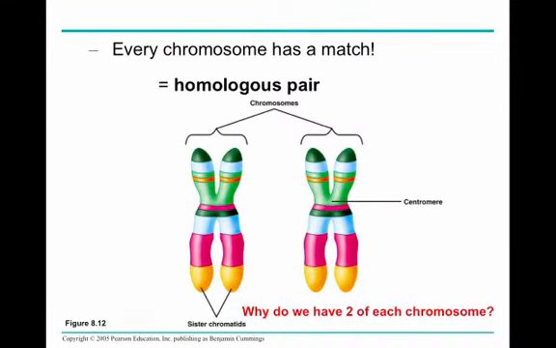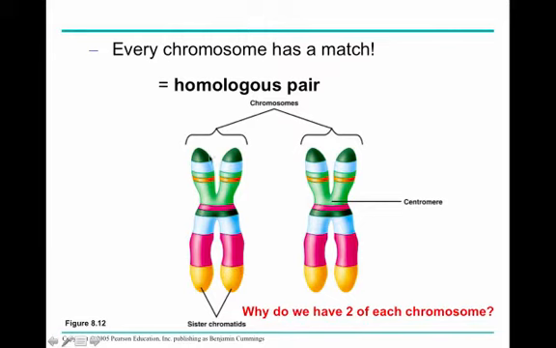So some terminology: a homologous pair of chromosomes. Every chromosome in your genome, we talked about genomes in the cell cycle video and in that chapter, has a match, a pair.